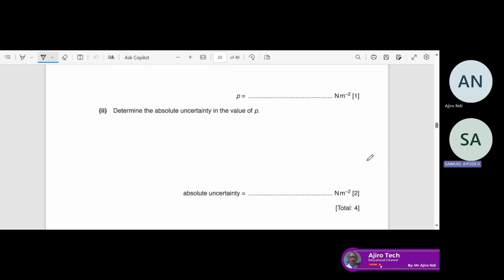Determine the absolute uncertainty in the value of P. So it's going to be 0.38, I mean 2.8, right? 2.8 plus, what is done for D squared? 1.6 times 2. So it's 1.6 times 2 plus 2.8, which is 6 times the value that I did not even write down.